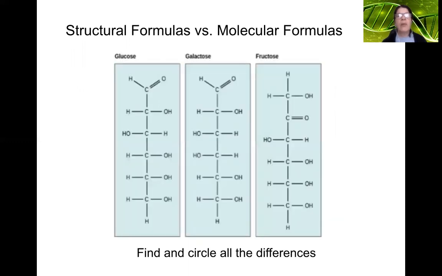This we can see from structural formulas. So the molecular formula simply lists the type of atoms and the number of atoms contained within the molecule. A structural formula is much more useful in organic chemistry because it shows us how these atoms are arranged.